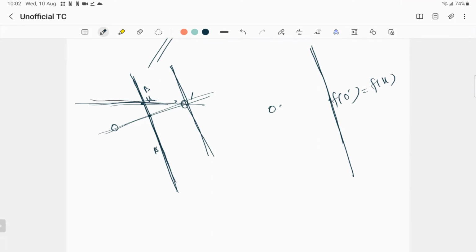That basically takes care of all points on that particular line.